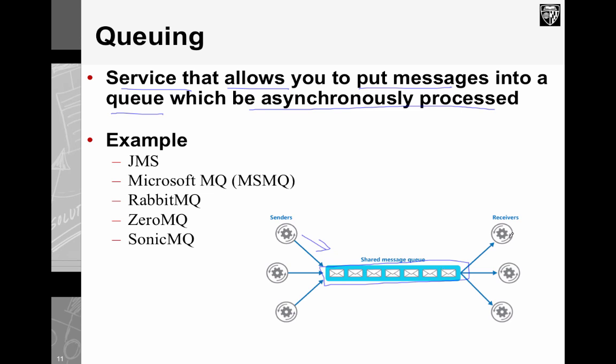Those messages are being picked up asynchronously by receivers, which will process the messages by popping the messages off the queue. There are many software services that allow you to do queuing. For example, there's JMS, Java Message Service, Microsoft MQ, MSMQ, RabbitMQ, ZeroMQ, SonicMQ are all classic examples of queuing systems and queuing services.